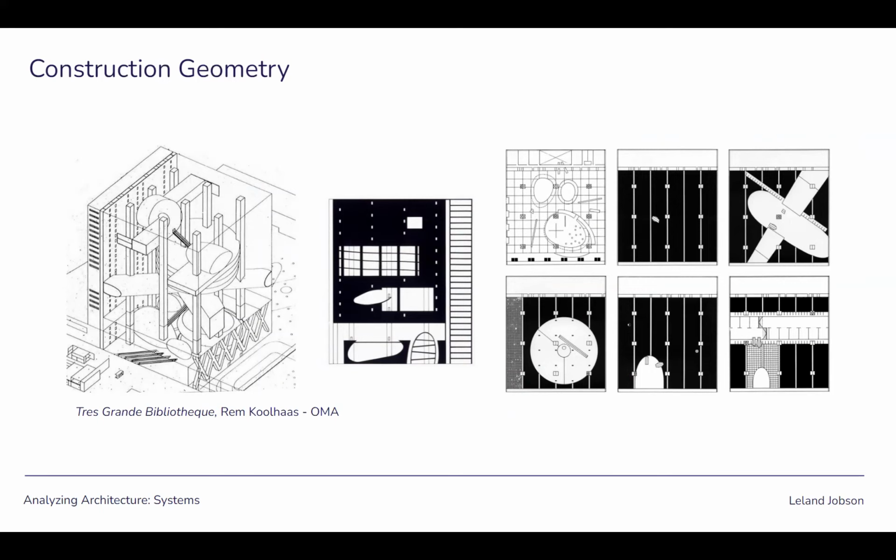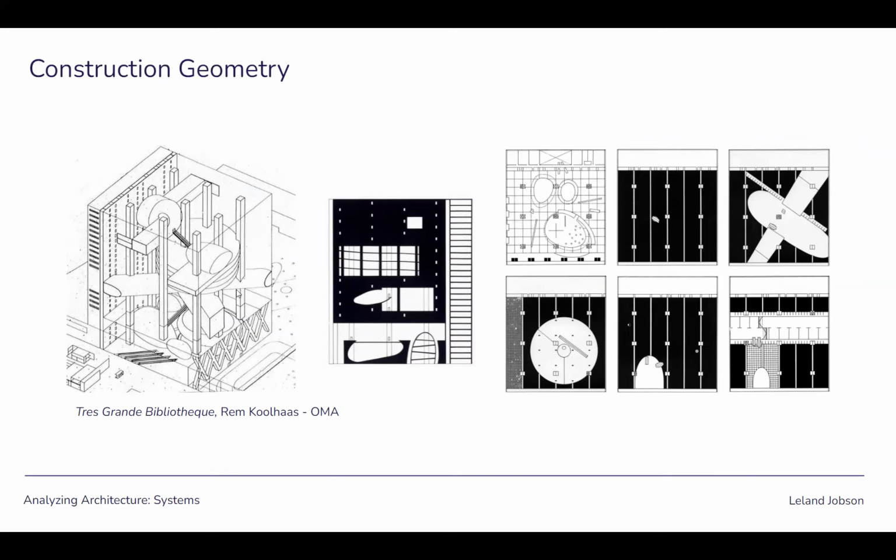And what you have are these voids that are cut out of the stacks being where the books are. And the voids are where other programs happen. You can have spaces where events can happen, reading rooms, etc. So these kind of objects are modeled and then suspended in space.